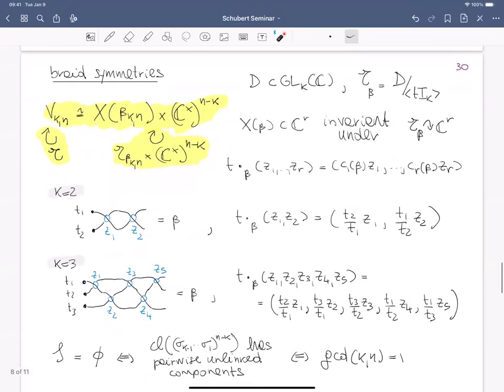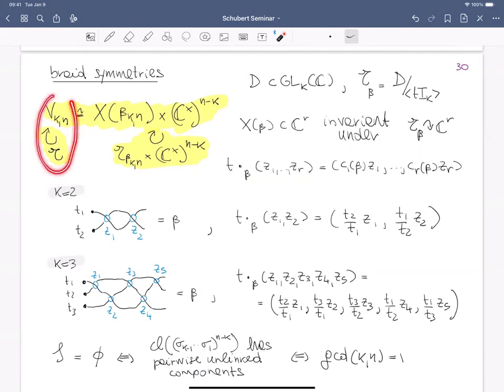Now, the second ingredient in the proof is to realize that the torus action that enters the definition of stabilized locus, remember the conjecture is S equal D, stabilized locus equals deep locus. So the second step is to realize that this kind of symmetries, this torus action, are actually equivalent to some symmetries that stem from the braid presentation.